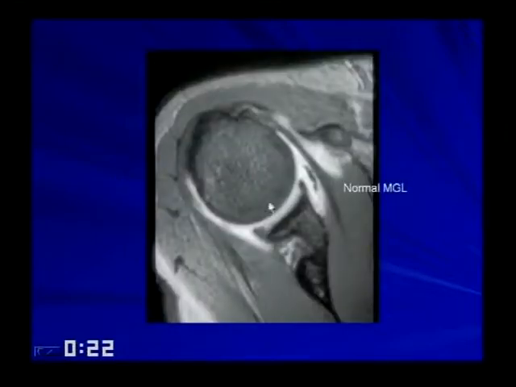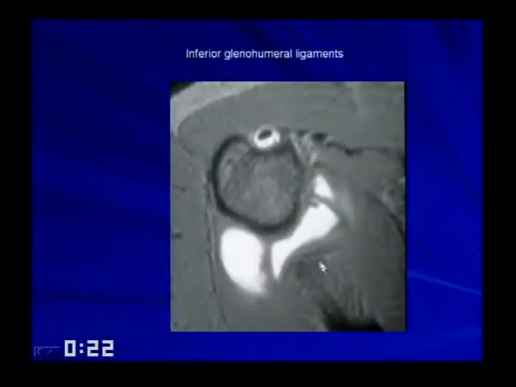The middle glenohumeral ligament is either flattened like this or it can be somewhat rounded, and you see it very frequently adjacent to the anterior labrum, and it can almost look like a labral fragment, but you can follow this on sequential axial images as it goes down. And then the anterior and posterior inferior glenohumeral ligaments, and like I said, this is the one that's most important for stability.